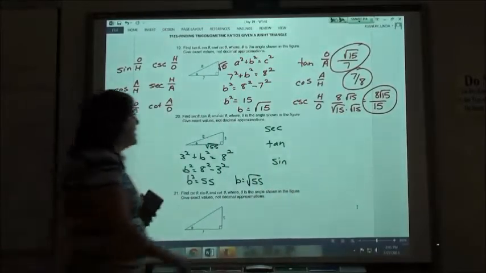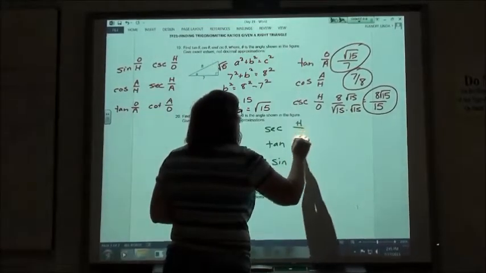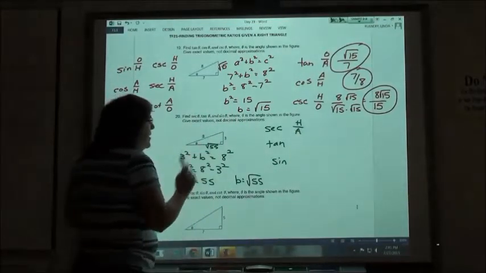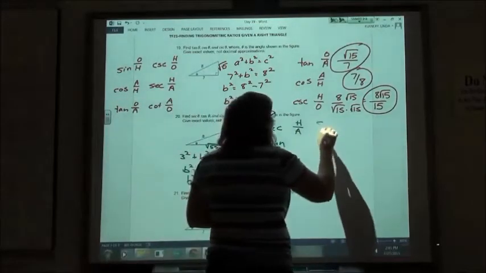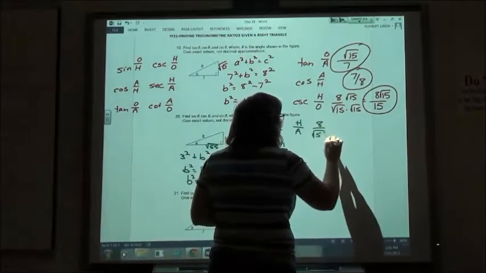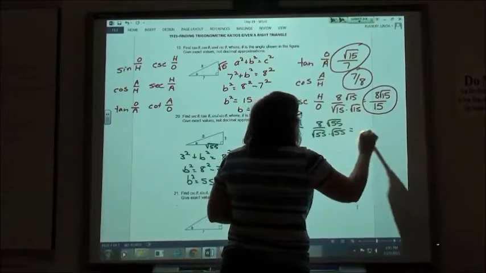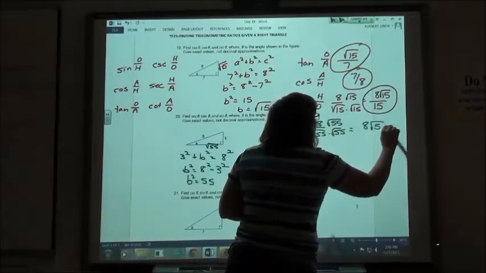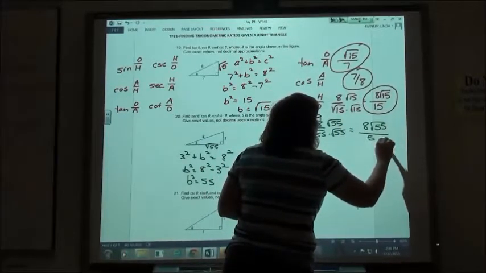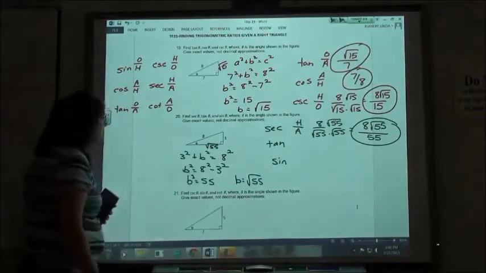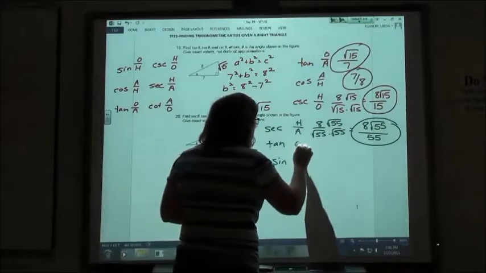So the secant is the hypotenuse over the adjacent. So hypotenuse is 8, adjacent is square root of 55. 8 over the square root of 55 I have to rationalize. And so I get 8 square root of 55 over 55. My tangent, opposite over adjacent.